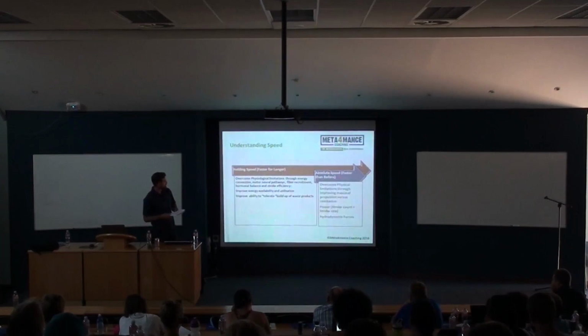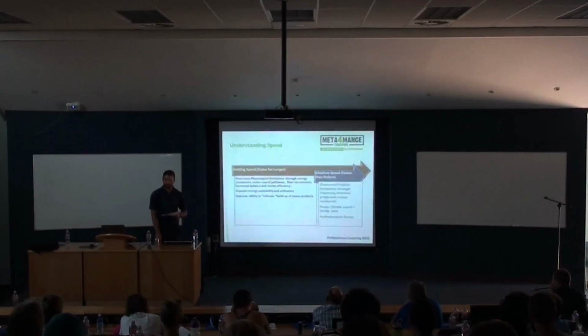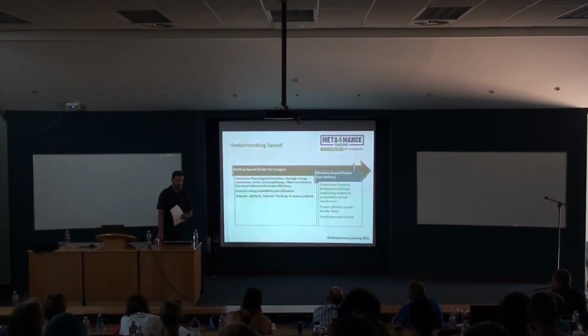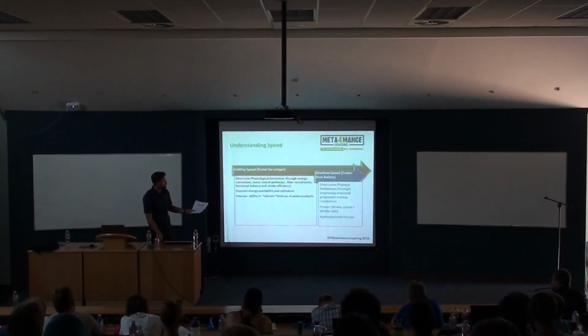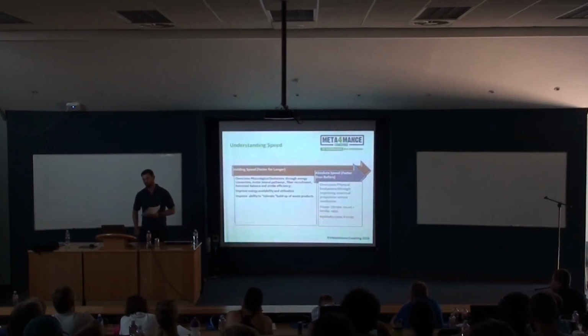Okay, so understanding speed. Now, based on the definition of swimming and some of the previous slides that we've just gone through, we can essentially determine that there are two modes or two types of speed, for lack of a better word. Absolute speed, okay, that's about being faster than you were before.